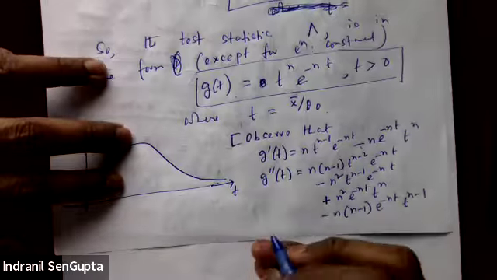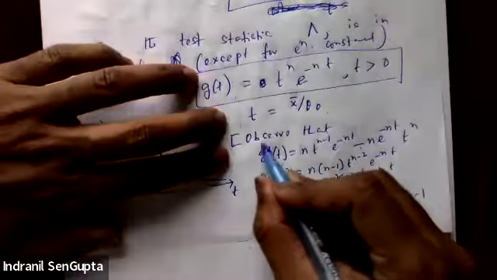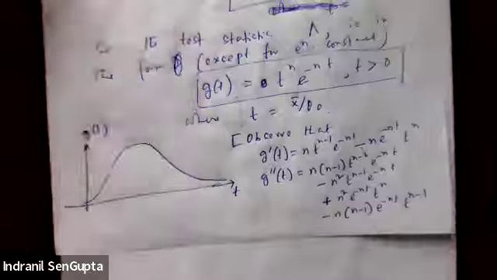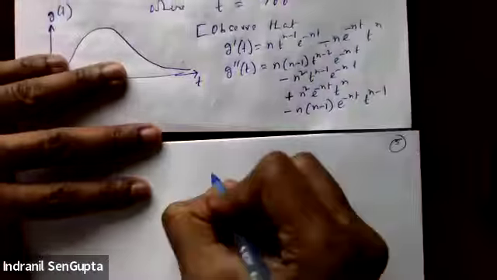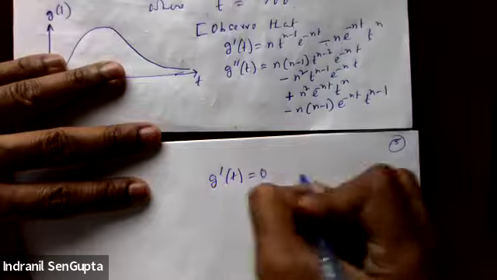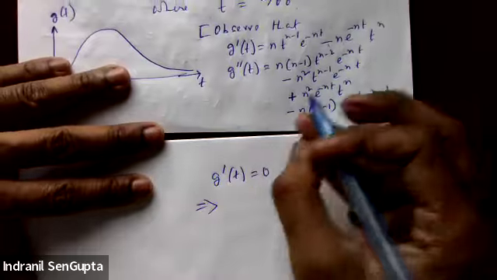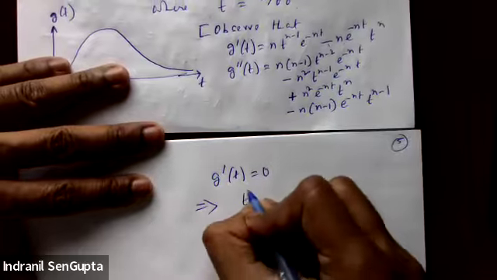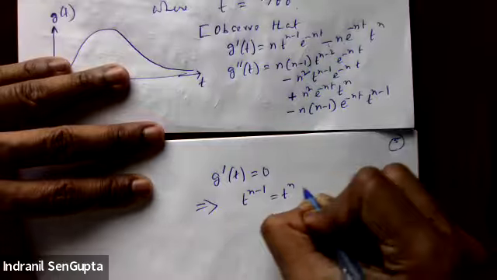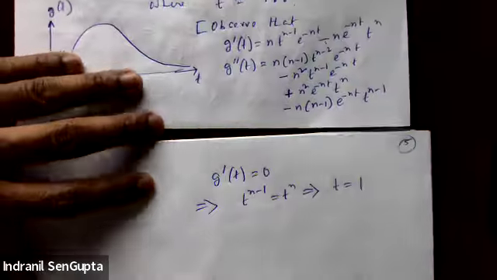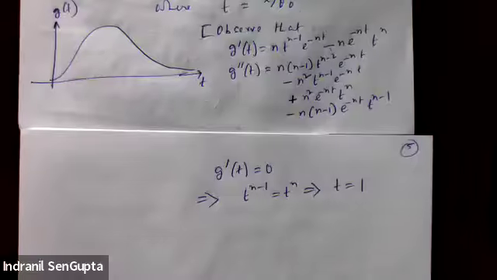Okay, so now observe that this quantity G prime of t is 0. G prime of t is 0 gives you the fact that basically t to the n minus 1 equals t to the n, which implies t is 1. Okay.